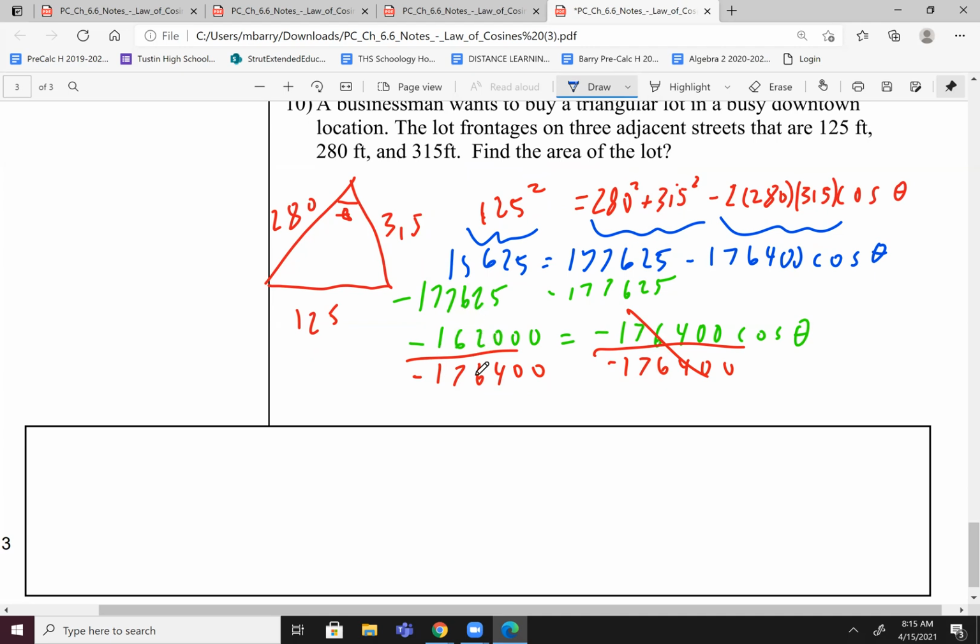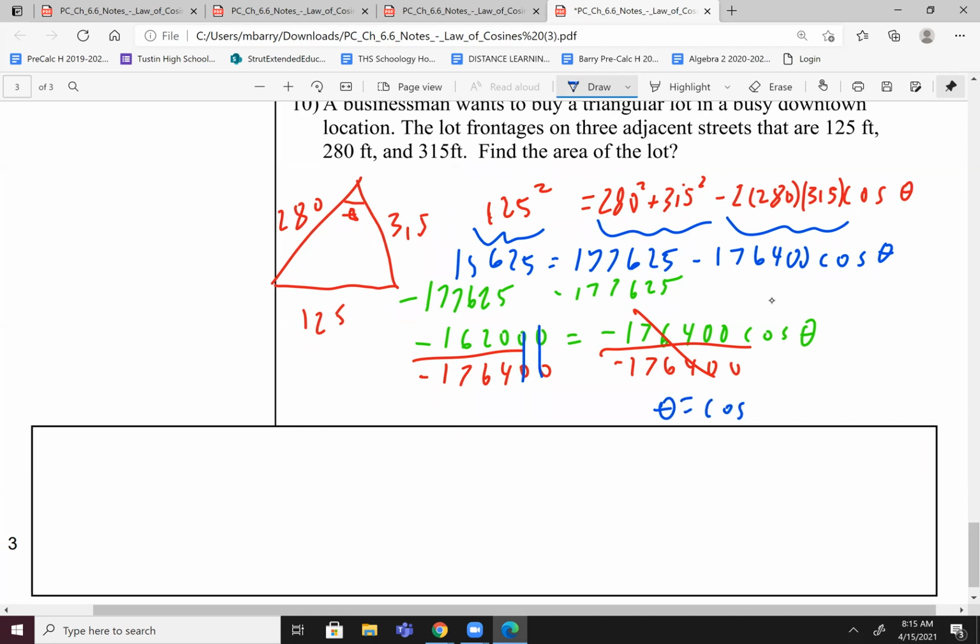I usually don't worry about dividing this fraction because we're going to put it inside of a cosine inverse in a second. But if I see zeros here, I'll go ahead and cross off those zeros. Remember, we can't do that on the law of sines if these numbers are inside of a sine, but they're not. So that's fine if you want to cancel them out. Then theta equals cosine inverse of, and I have a negative over a negative here, which I told you happens about 80% of the time on these ones.